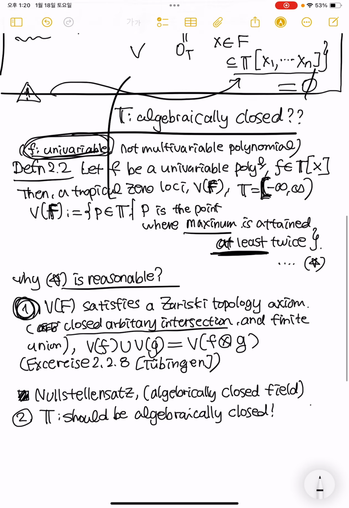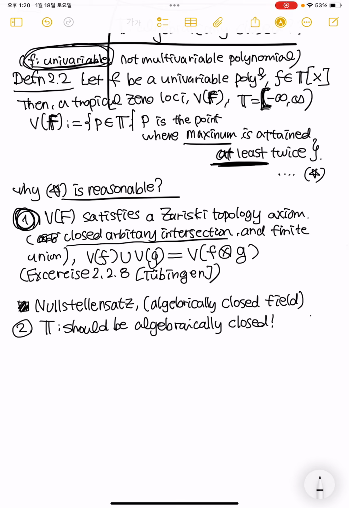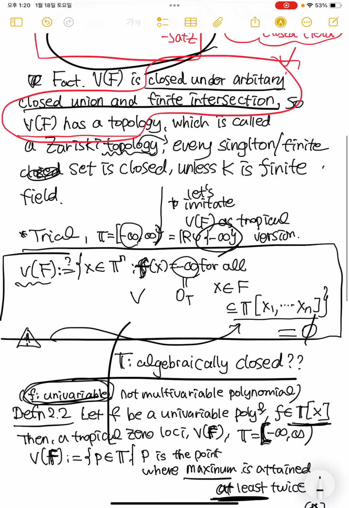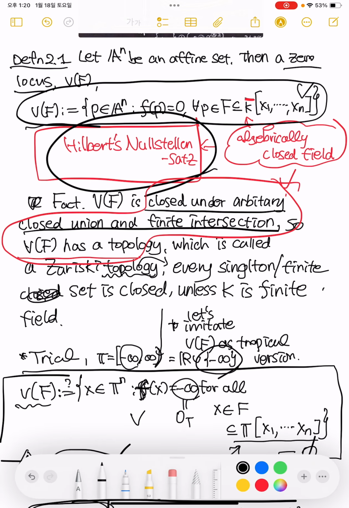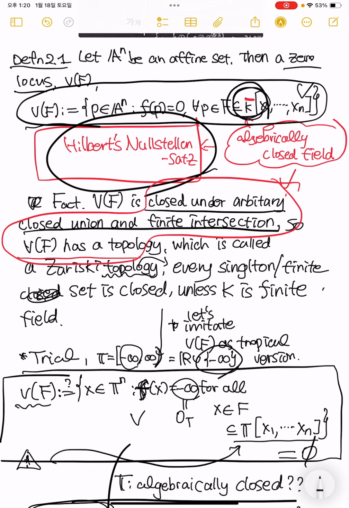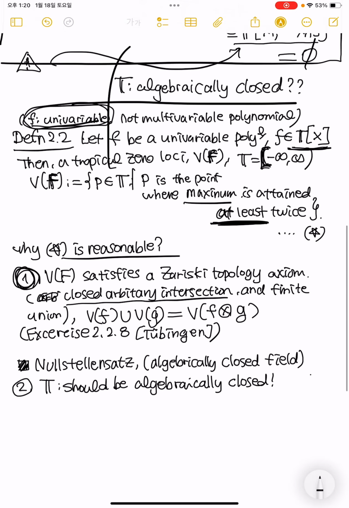The most important part when you think about a univariable polynomial, and when you compare to traditional zero loci of algebraic geometry, the coefficient should be an algebraically closed field.